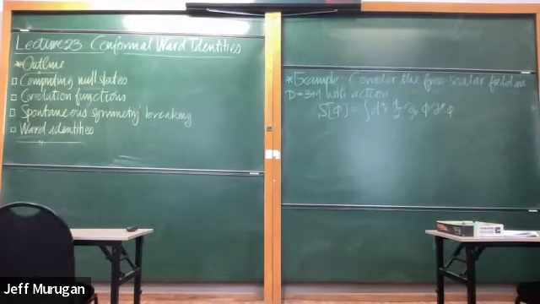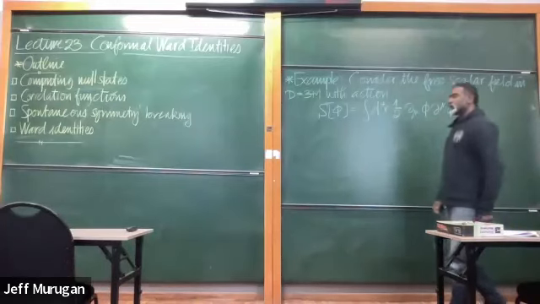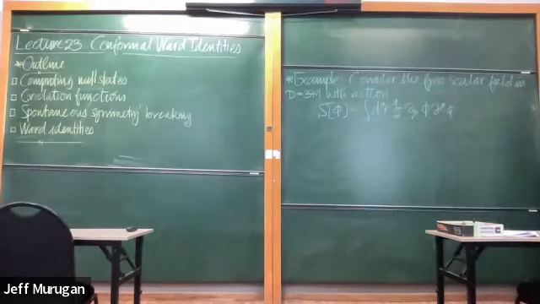What I would like to show you is the following fact. When a theory starts to develop negative norm states, we will start to see the appearance of null states. These are states with zero norm in the spectrum of states of the theory.